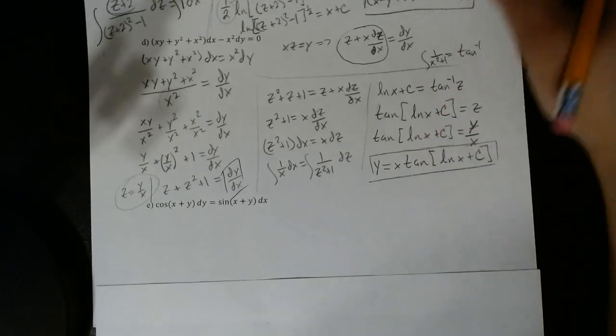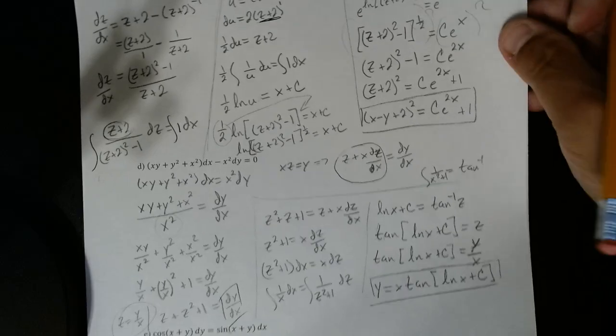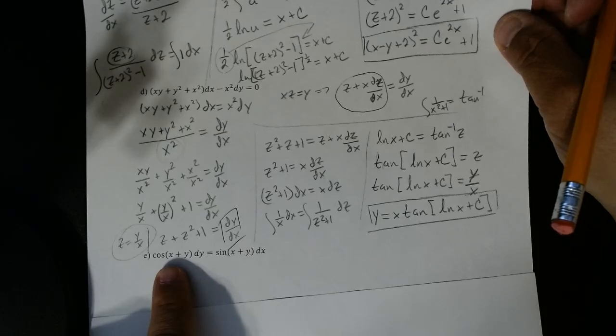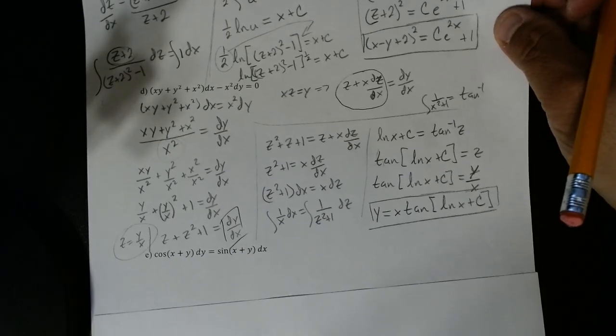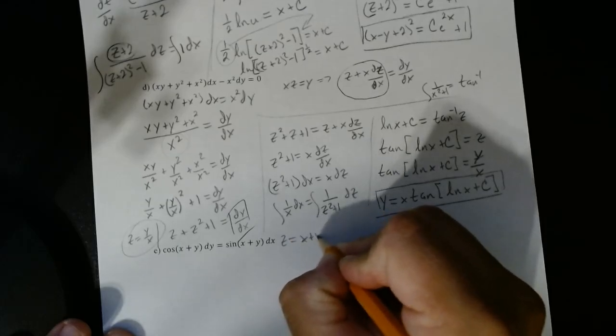All right, so this is kind of looking like what we did up here with the substitution method. It kind of already pretty much shows you, right? If we just substitute x plus y to be our z portion. So this is substitution 1. So we'll use z equaling x plus y.